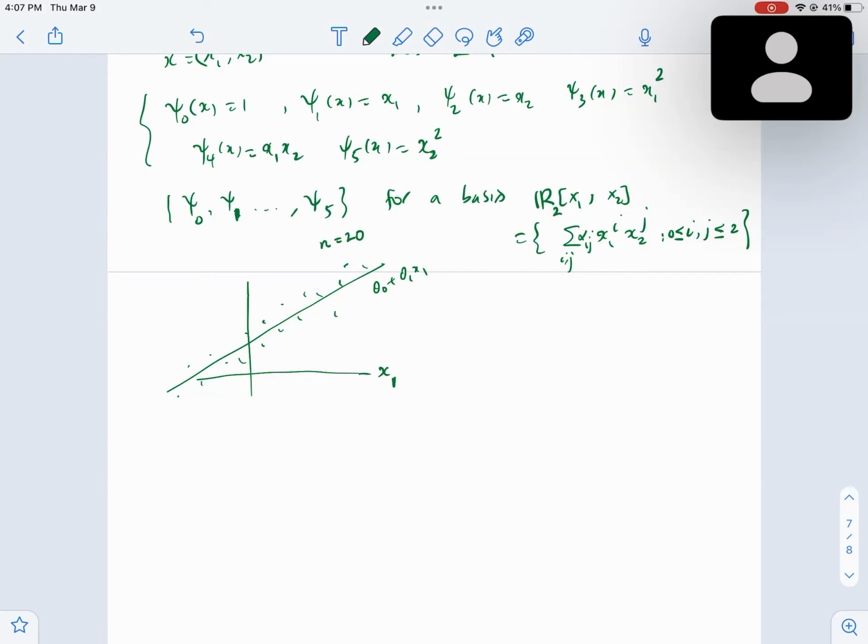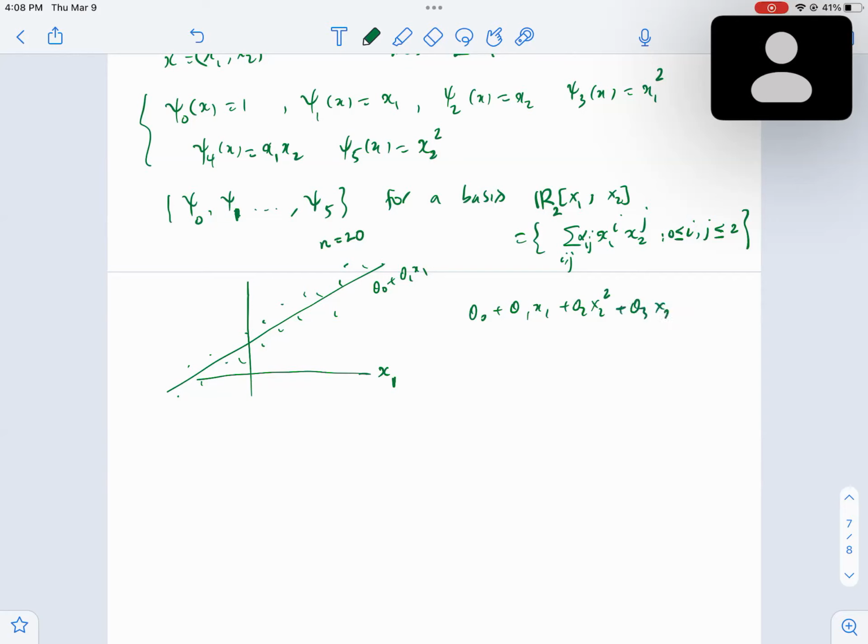For more than one variable, it's a little more tricky. But I have a single variable, polynomials of degree k in this variable. How many functions do I need to describe them, like basis functions, these monomials? So theta 0 plus theta 1 x1 plus theta 2 x2 would be degree 2.